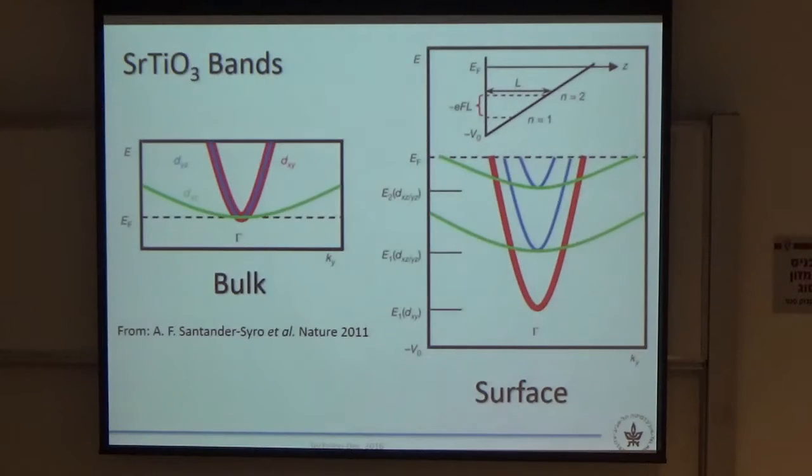Now if we confine these titanium bands, we are splitting them further, and now the degeneracy is removed, and dxz and dyz are now split in energy, and we get the light band here and the heavy band at somewhat higher energy. So this is the surface of strontium titanate. Now we're talking about two-dimensional electrons.